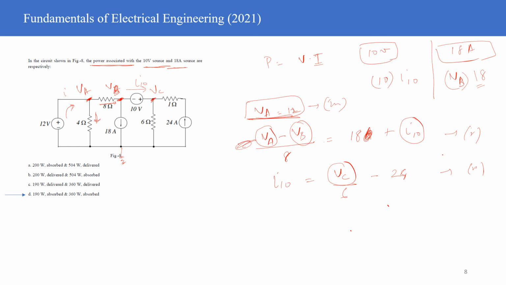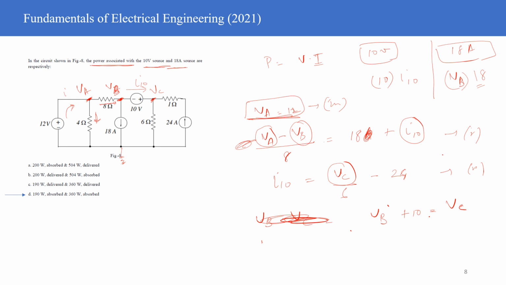That thing also can be resolved because I know that VB minus VC is equal to, in this direction, VB plus 10 volt is equal to VC, right?